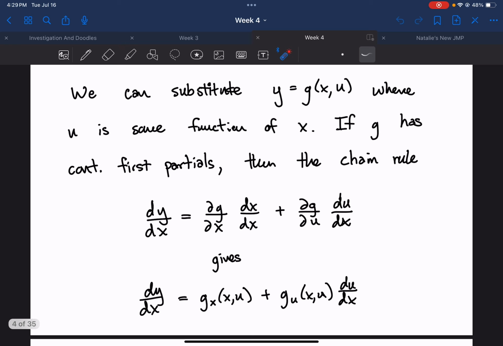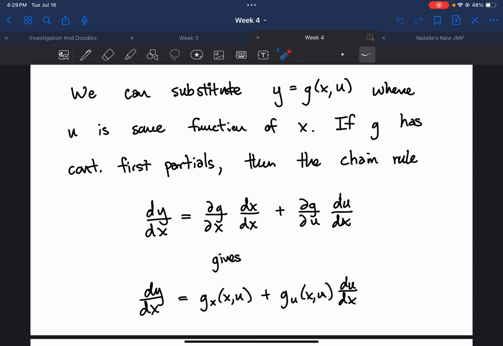And since dx dx is 1, this becomes a 1. We can write dy dx after the substitution, where y equals this, as dy dx equals g sub x plus g sub u du dx.